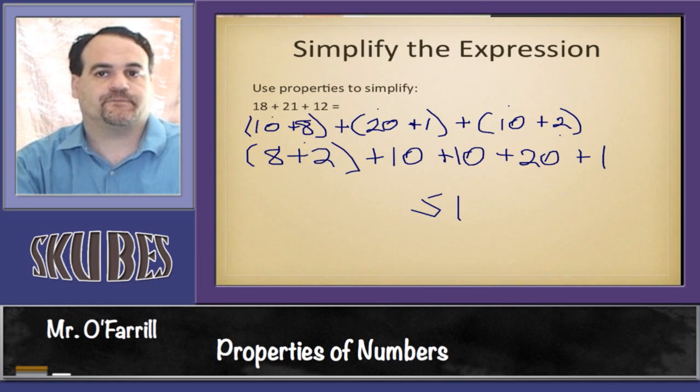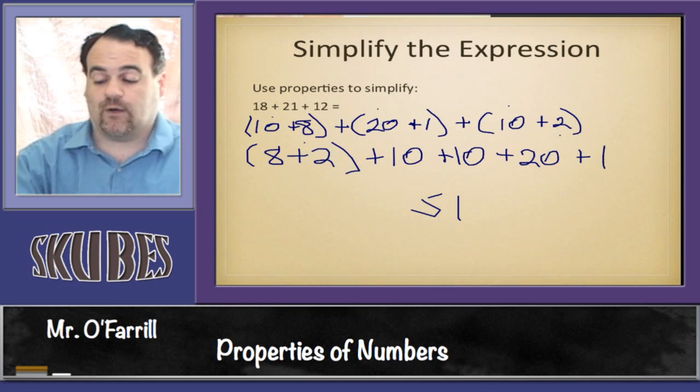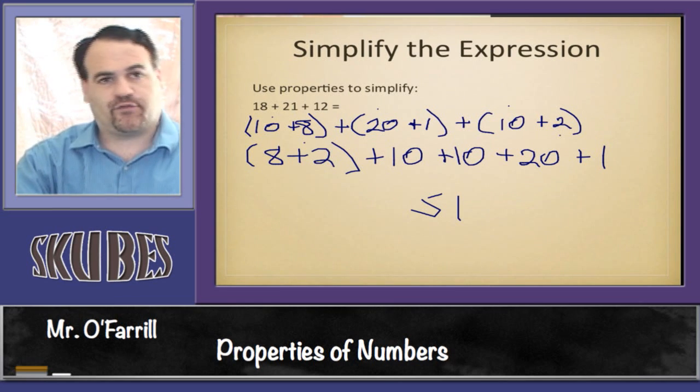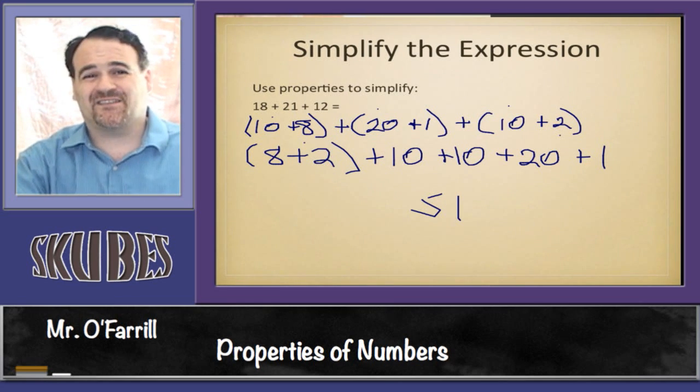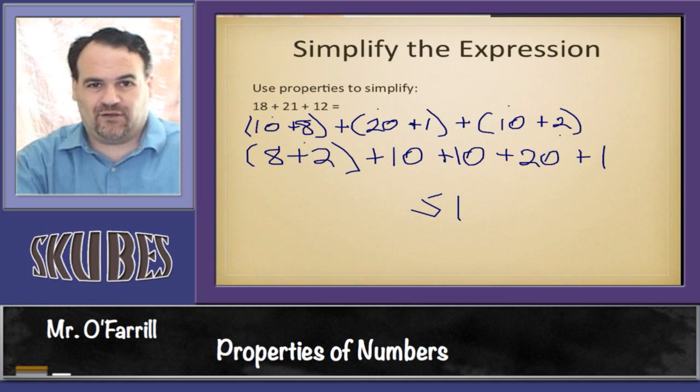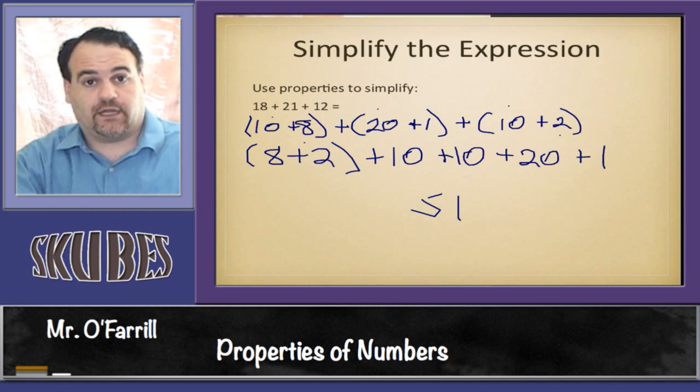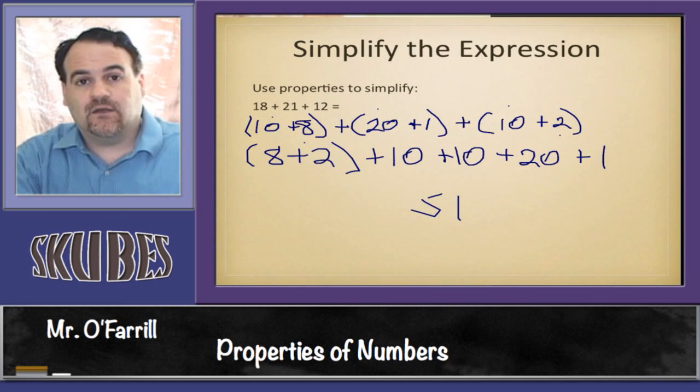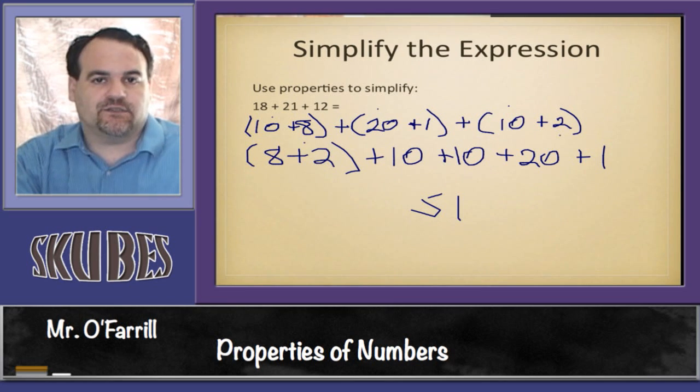is 51. And maybe you're thinking, wow, we took 3 numbers, turned it into 6 numbers to get our answer. Wouldn't it have been easier to just add them together? And if we're doing it on paper, like we just did here, or writing it out, yeah, you're probably right. It would be easier to just add them together vertically.